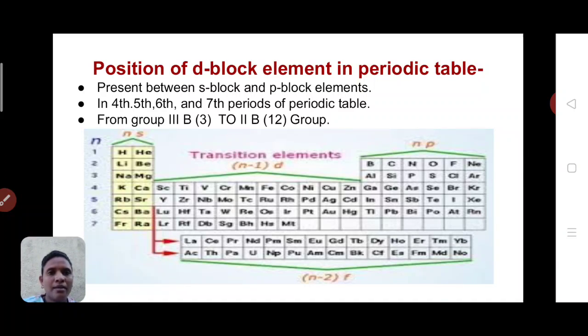Also, according to period of the periodic table, all the d block elements are present from the 4th period to the 7th period. That is, all the 4 series of d block elements are present in the 4th period, 5th period, 6th period and 7th period of the periodic table.